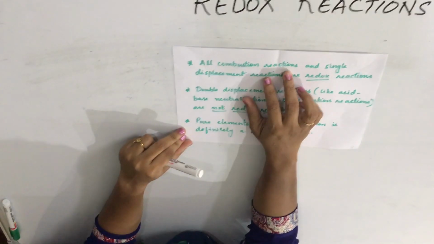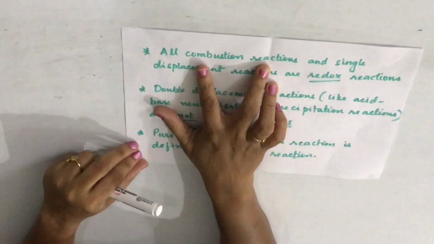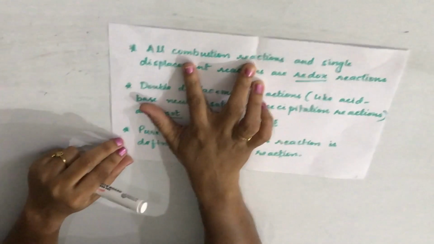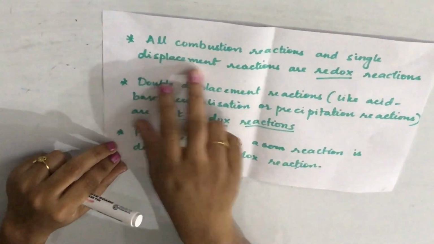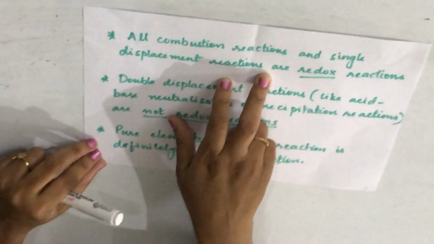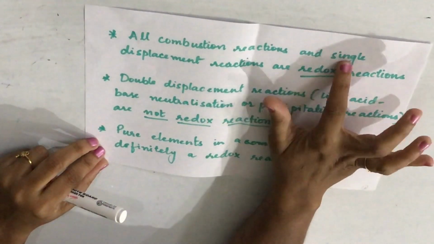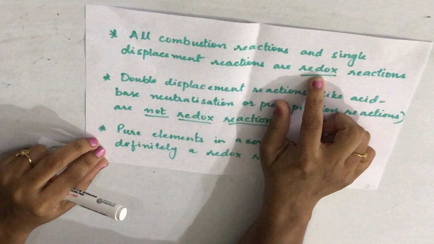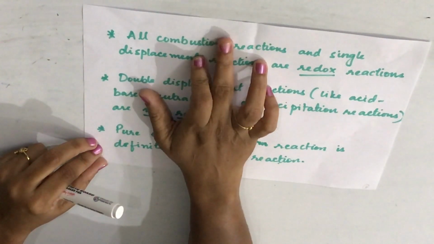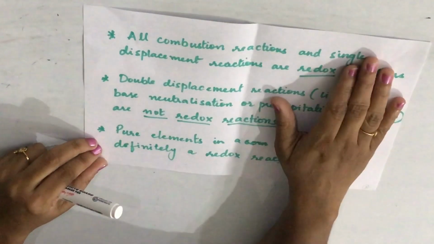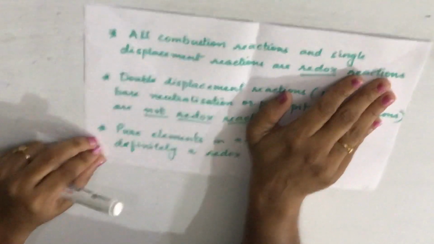All combustion reactions, we have already seen, are the ones where oxygen is added. All combustion reactions and single displacement reactions, the third type of the 4 types of reactions we have already studied, are redox reactions. So wherever you see a combustion reaction, that is a reaction with oxygen, or a single displacement reaction, definitely they are redox reactions.